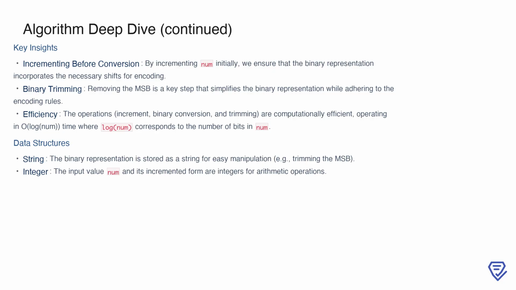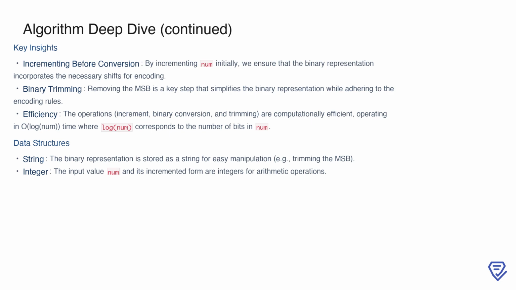This approach is not only straightforward but also computationally efficient. The entire process, from incrementing to binary conversion and trimming, operates in O(log number) time. This efficiency comes from the fact that the number of bits in number grows logarithmically with its value. Additionally, the algorithm makes use of integers for arithmetic operations and strings for binary manipulation, both of which are well suited to these tasks.